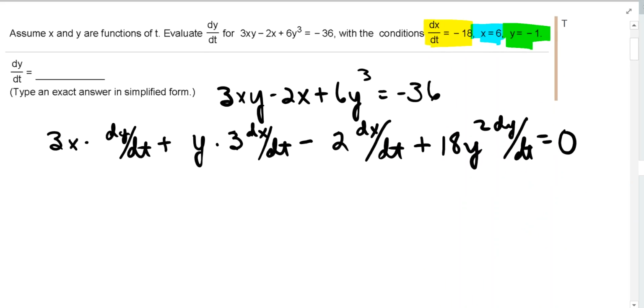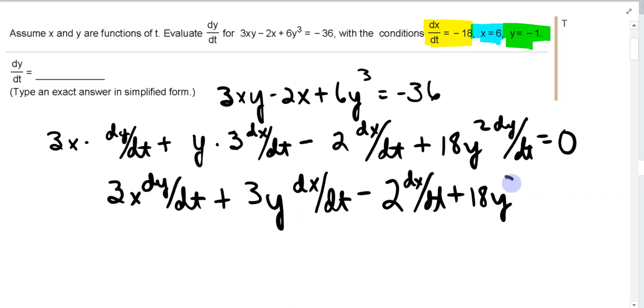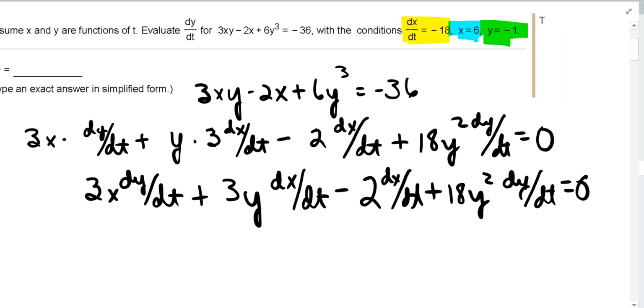All right, so we've got all that. Let's clean this up, gather things together. So we got 3x dy/dt plus 3y dx/dt minus 2 dx/dt plus 18y squared dy/dt equals 0. It says evaluate this with these conditions, so we're going to plug in these numbers.